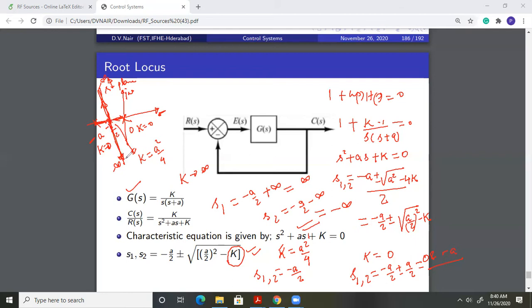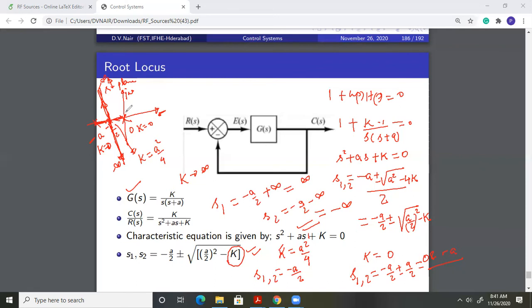And the root locus started with k equal to 0, and it is now progressing for higher values of k, which we say is approaching infinity. So I can say here, in control system parlance, that we have two branches of root locus here.